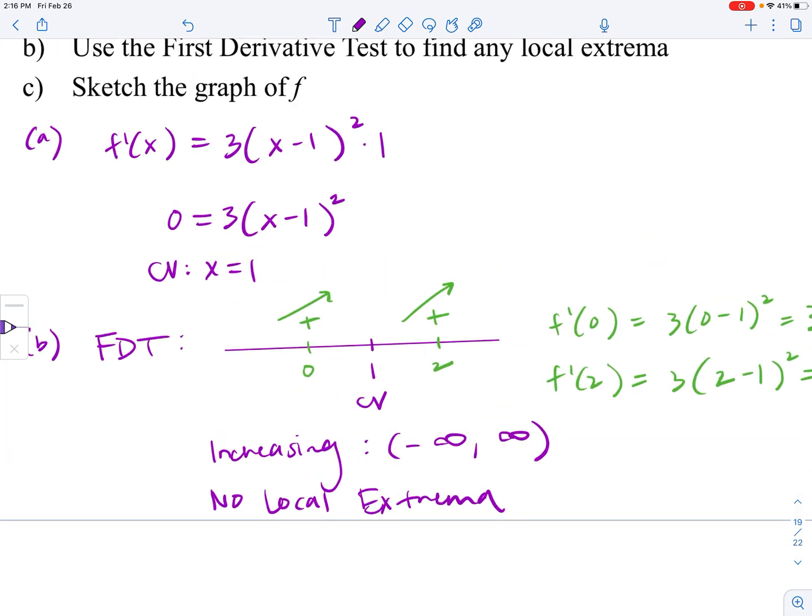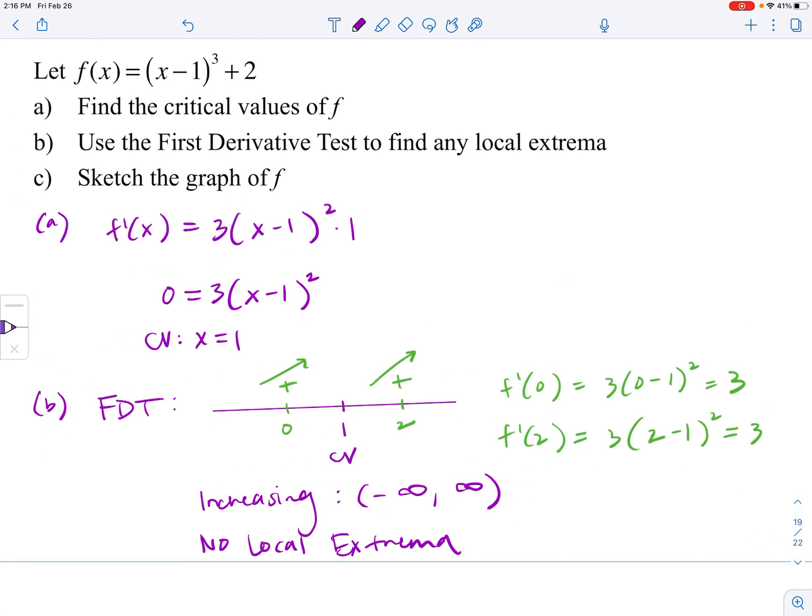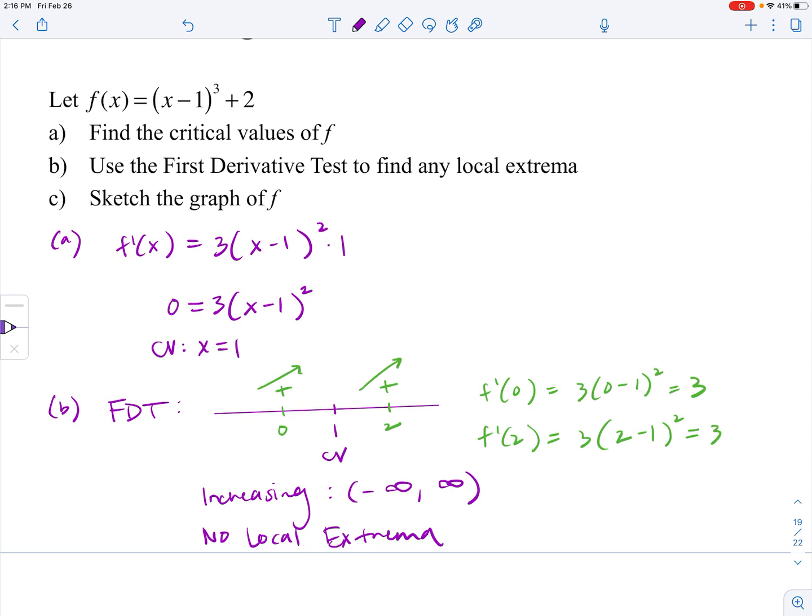Which makes it very difficult to graph. We do know, though, that there's a horizontal tangent line at x equals 1. So if we find f of 1, that gives us kind of an idea what happens at that point, right? Having a horizontal tangent line.